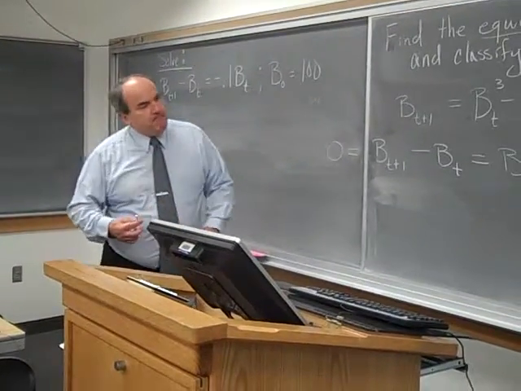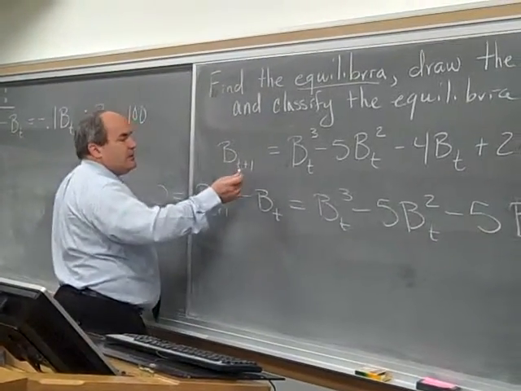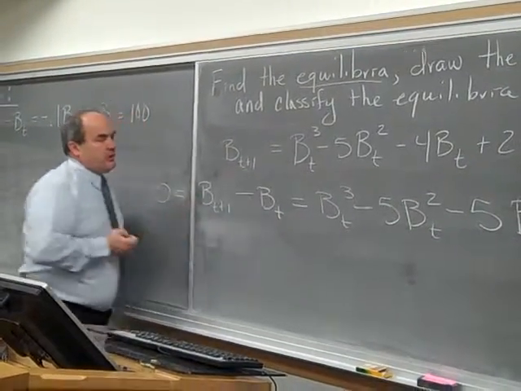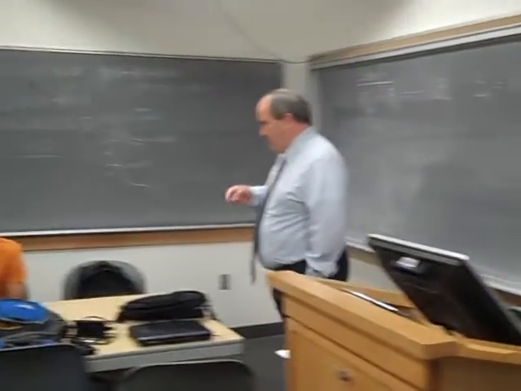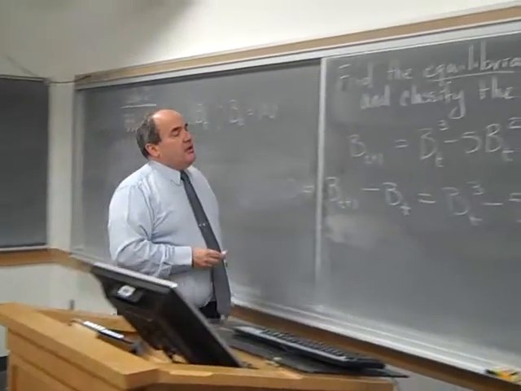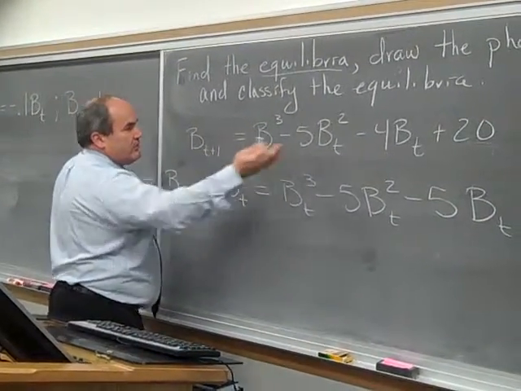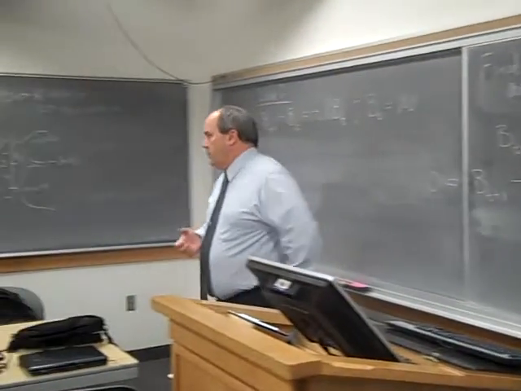Let me try this one, which is a little more heuristic. b sub t and b sub t plus 1 are actually measuring the same thing, like you say. So you have sort of an x equals x kind of thing going on there. So really what I have here are two expressions for, in essence, the same quantity that I'm measuring.